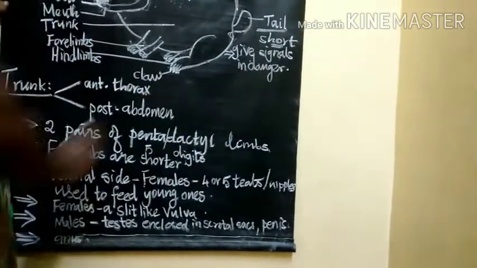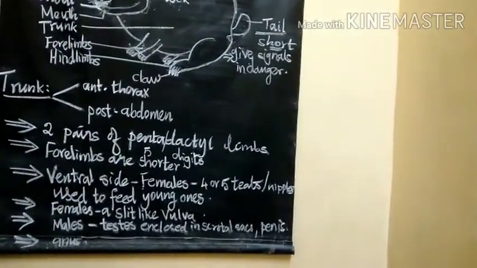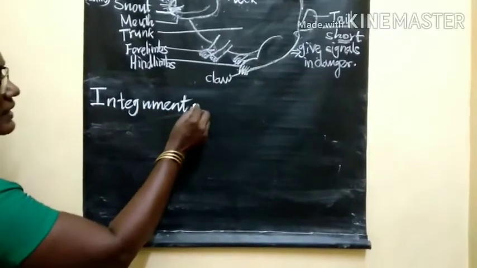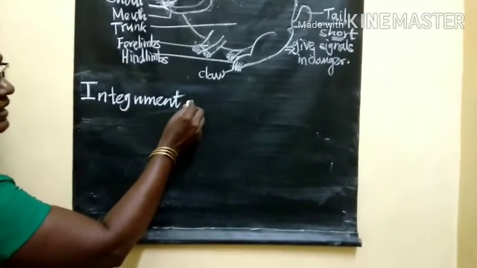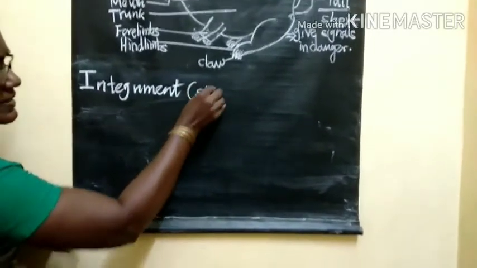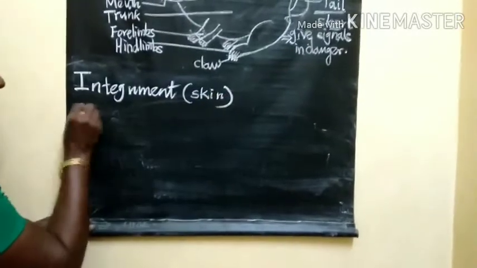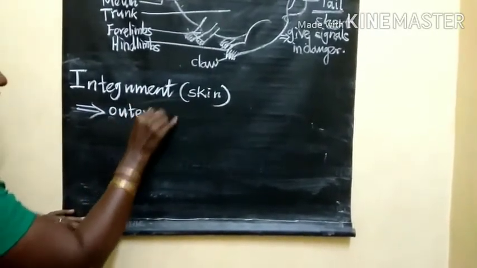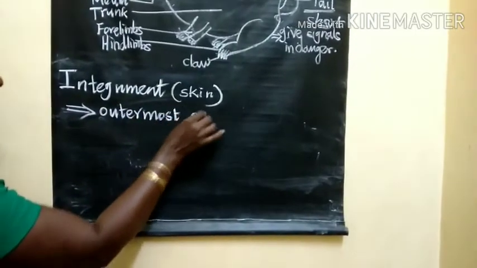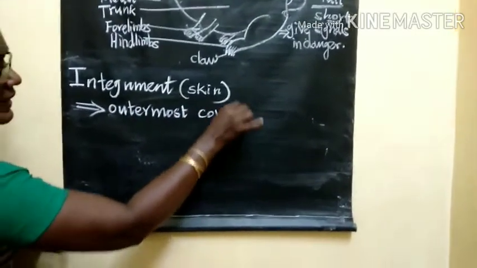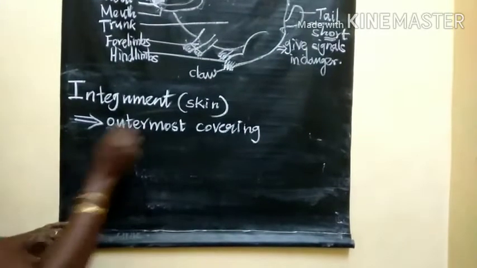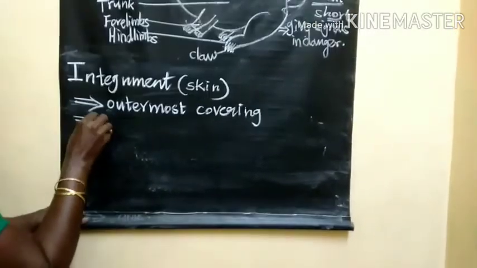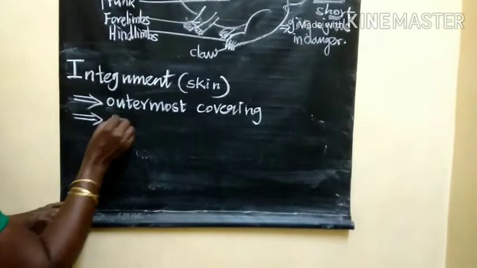Next, the important thing is integument. The integument is otherwise called skin. It is the outermost covering, and it contains the derivatives of skin.